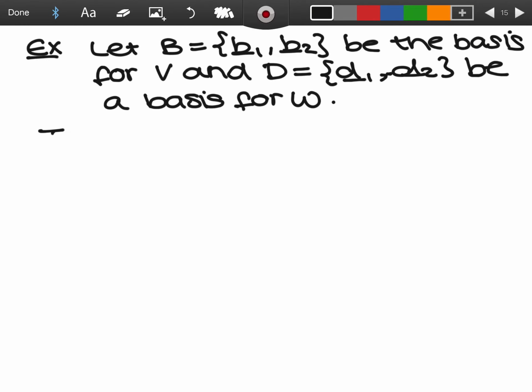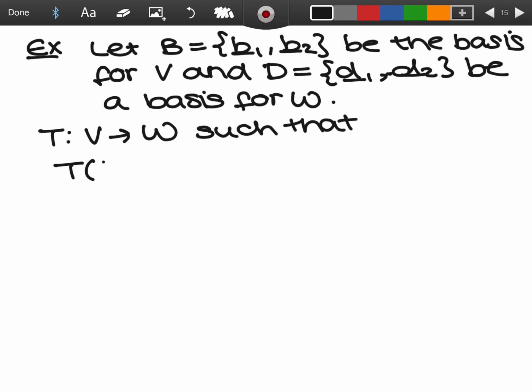Then I'm going to take this linear transformation that's going to take V to W, okay, such that I'm going to define two operations on this. So T of B1 is actually going to be 2 of D1 minus 3 of D2.